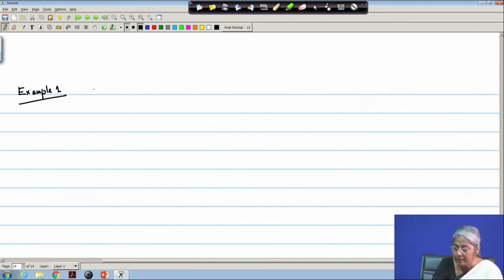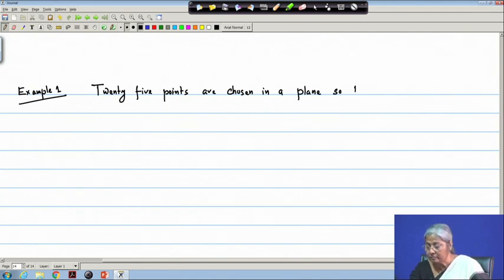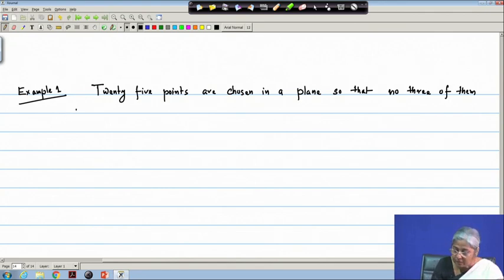Say 25 points are chosen in a plane so that no three of them among these 25 points are collinear.